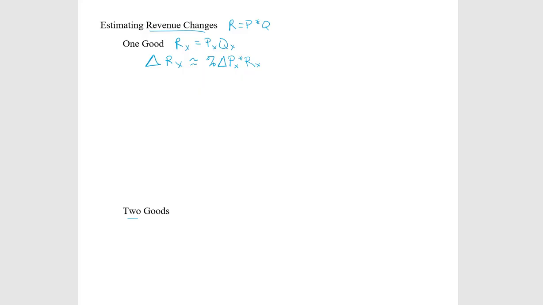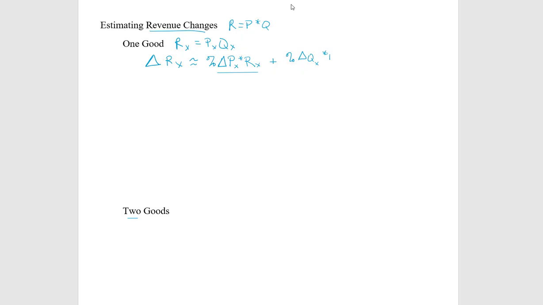But then remember that the increase in price would have an effect on the quantity. So this is estimating the impact of just a straight increase of price, assuming no impact on quantity, but we know there's going to be an impact on quantity. So the second piece of this is to say, how much would the quantity change given that change of price?